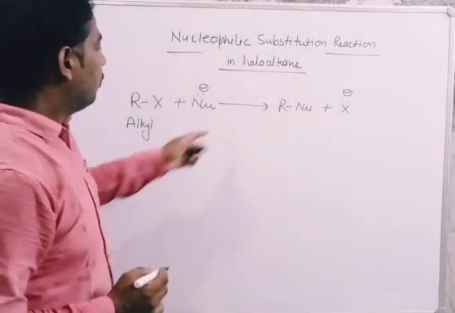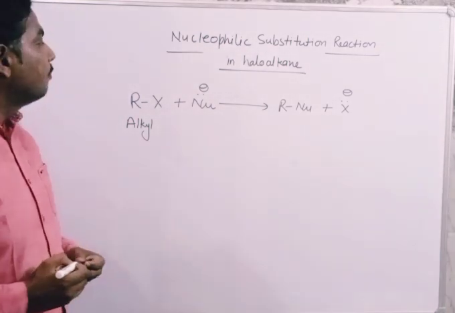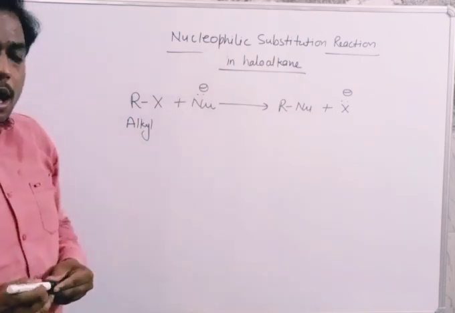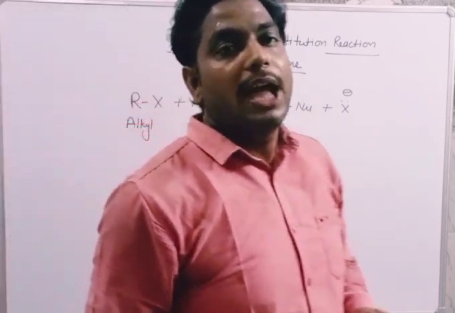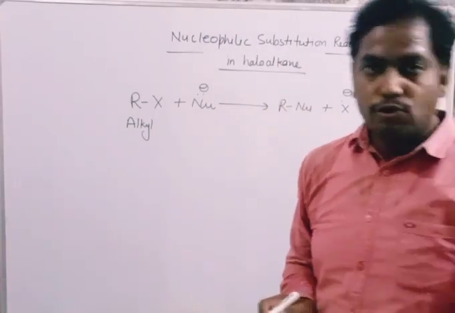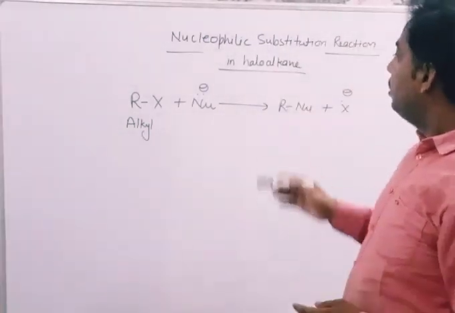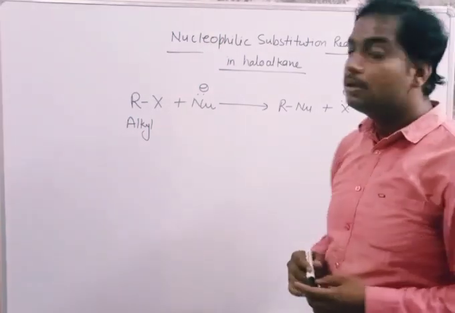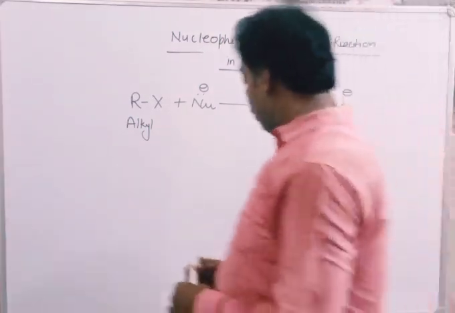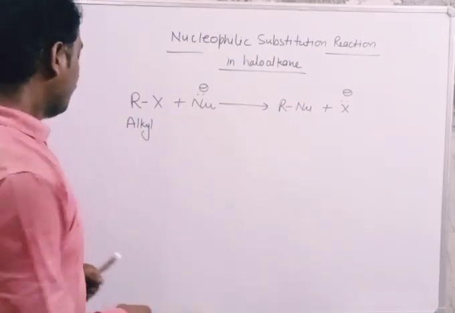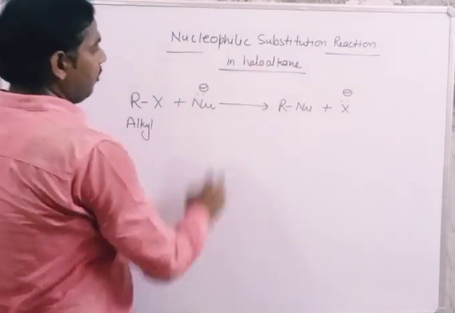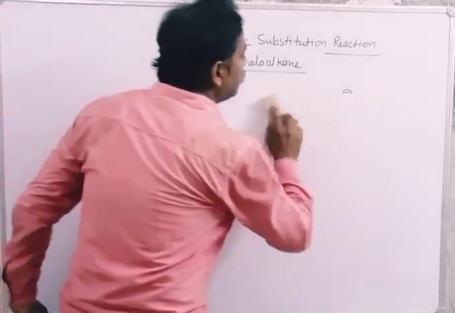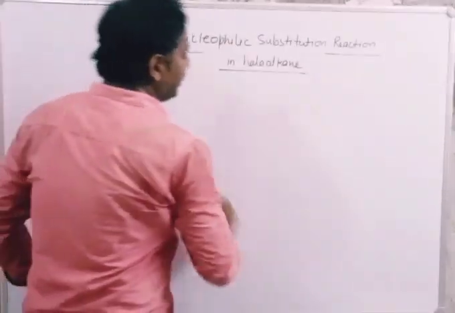So this is the basic of the nucleophilic substitution reaction. It can happen in any chemical reaction, but especially we are talking about haloalkanes because haloalkanes belong to the class 12 syllabus and are very important compounds. This is the property of the haloalkanes.